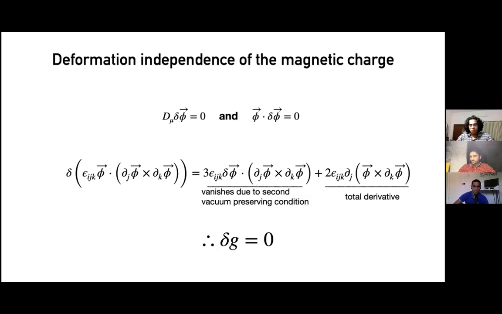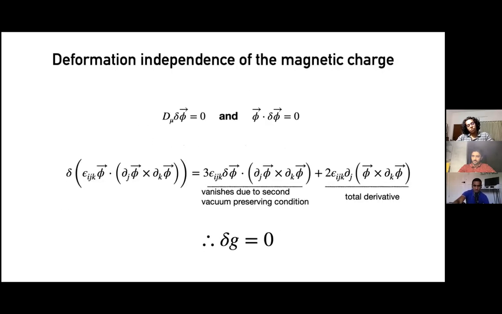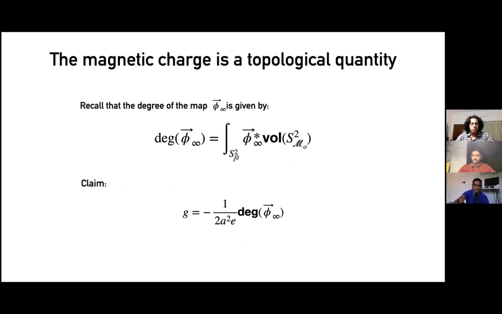So under variations that preserve the finite energiness of the solution, you find that G doesn't vary, which is another way of saying that G is topological. And actually, it's just going to be the degree of phi infinity, which is something I told you to keep in the back of your mind.